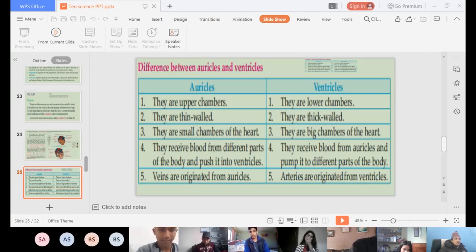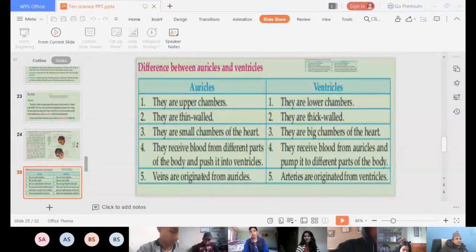The third difference: auricles are small chambers, ventricles are big chambers. It means auricles can store less blood, ventricles can store more blood.